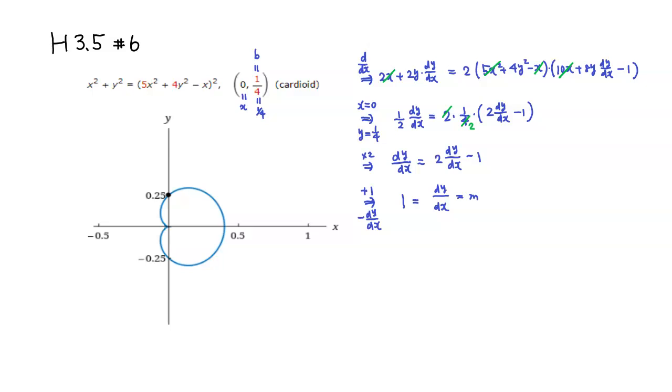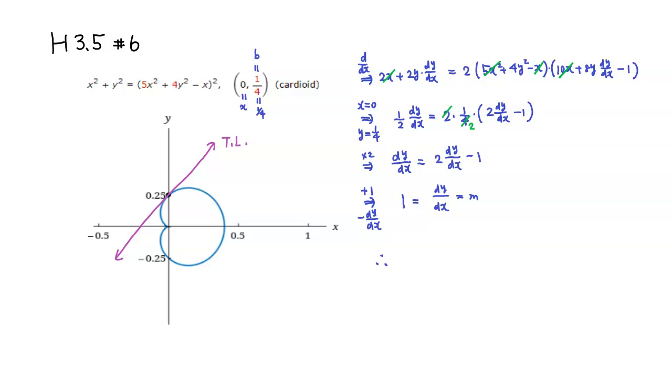So therefore we have a y-intercept of 1/4, and the line is going to look kind of like this right here. This is going to be the tangent line we're looking for.